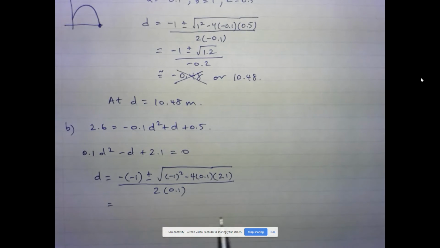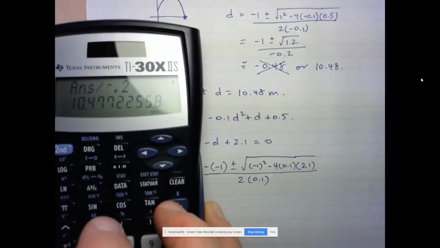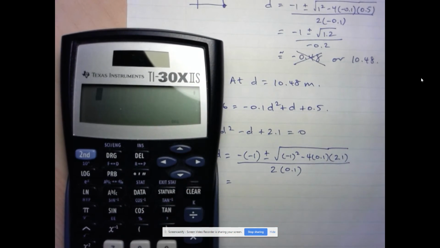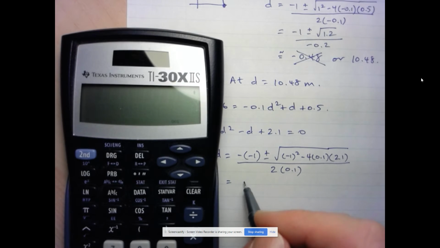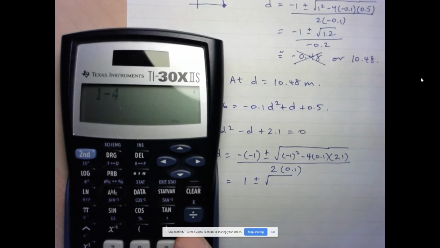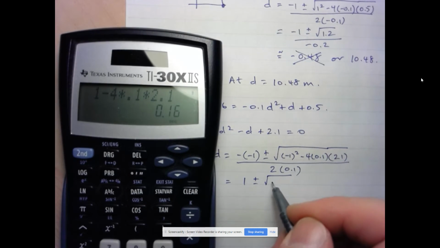All right, so again, let me simplify a little, and then we'll worry about finding our approximations. So here we're just going to have positive 1 plus or minus square root of, so let's determine what this is. So negative 1 squared is just 1 minus 4 times 0.1 times 2.1, and that's 0.16.